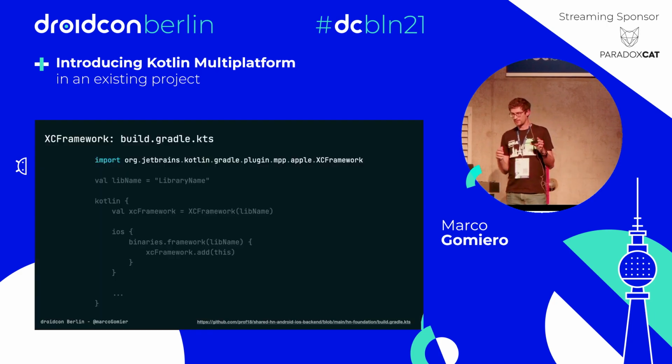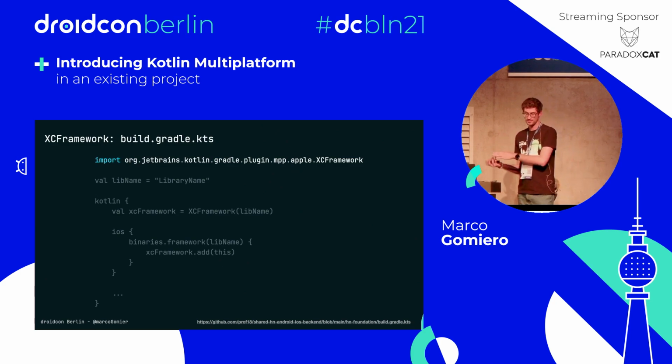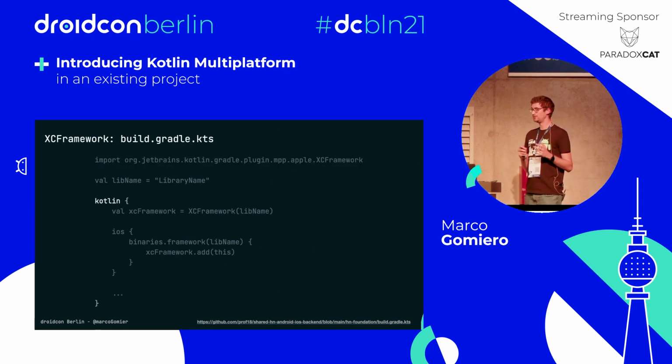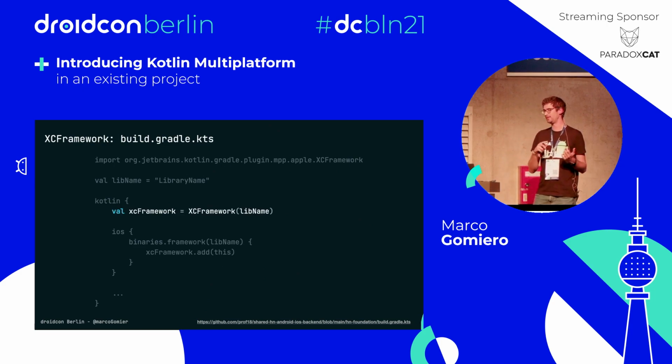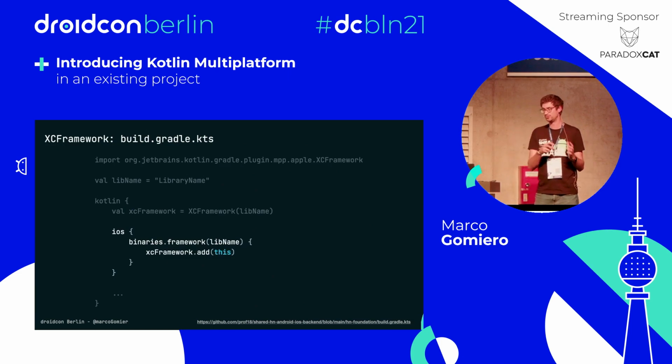So, official support: in order to build this framework, you have to first of all import it in the build.gradle file of your Kotlin Multiplatform library, and then in the Kotlin block you have to create the framework, and then for every target you have to add the target into the framework.